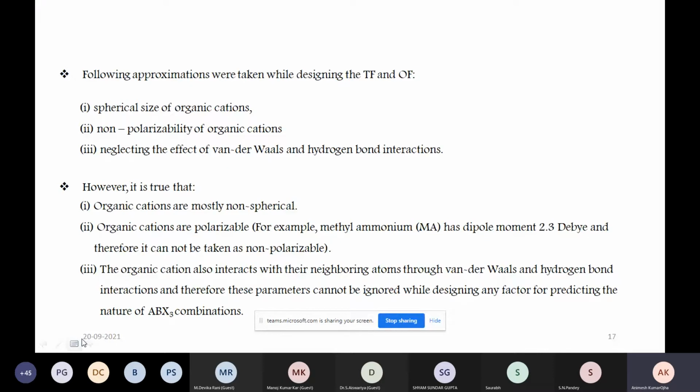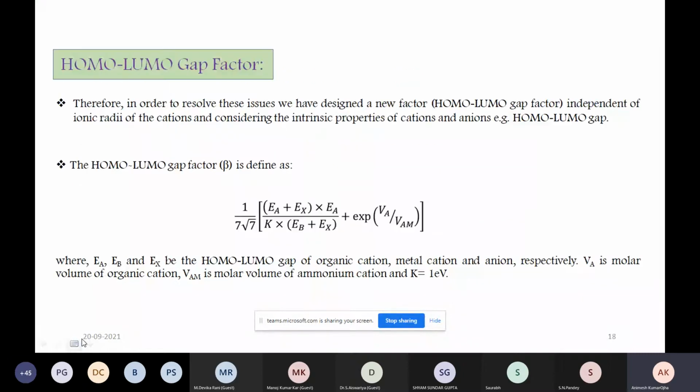The third is neglecting the effect of van der Waals and hydrogen bond interactions. These features were not included while designing those two factors, and therefore our group thought it over and designed a new factor by removing all these limitations. We gave this factor the name HOMO-LUMO gap factor.